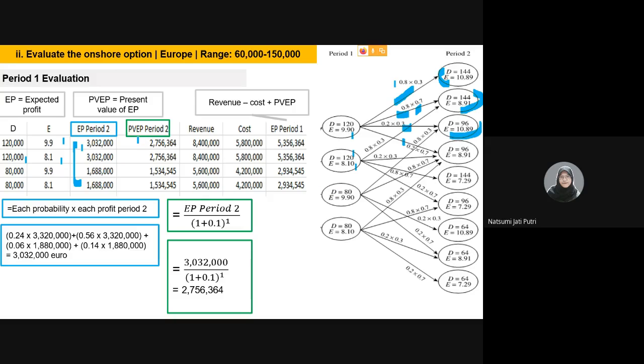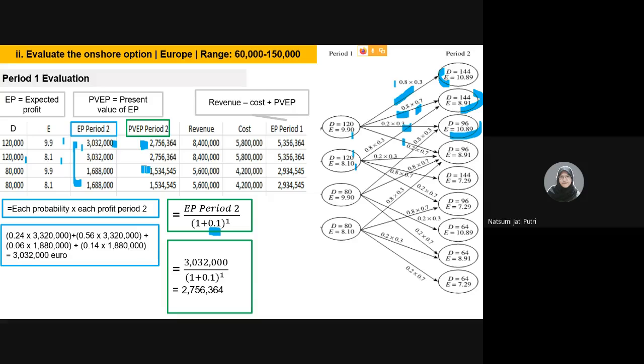And then we compute the PVEP or present value of expected profit for period 2. The formula is expected profit in period 2 divided by 1 plus 0.1 squared by 1. The 0.1 here we get from the discount rate or K. And in this row, we get it from the value here divided by 1 plus 0.1 squared by 1.